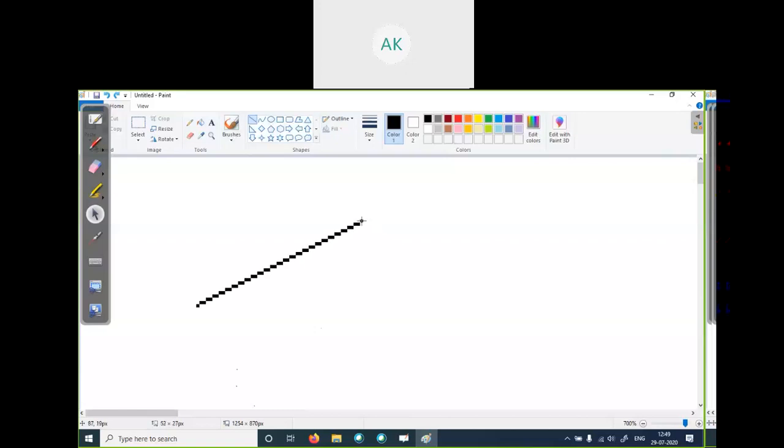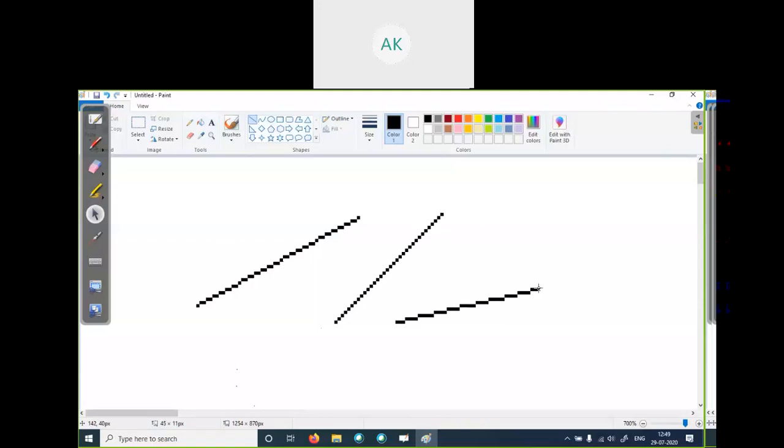When your m equals 1, meaning both x and y are changing in unit interval, so always your structure is like this, meaning each step moves equally. When your m is equal to 1, when your m is less than 1, the line will be like this, changing in x direction.